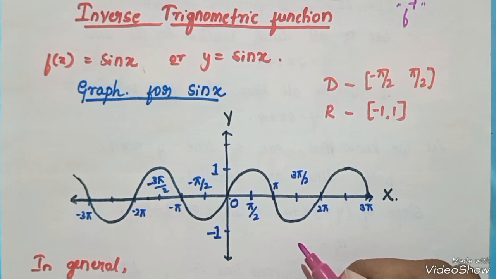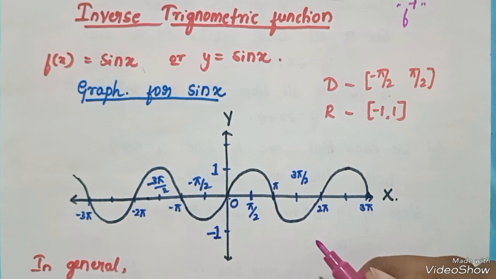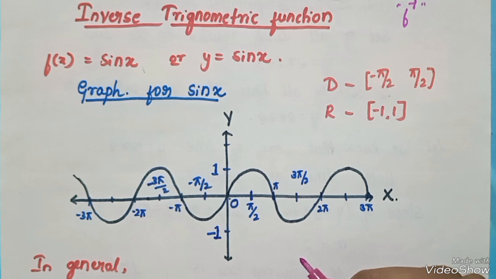We studied trigonometric functions in our earlier class, but these are not one-one and onto functions, so no inverse exists for them. All trigonometric functions are neither one-one nor onto over their natural domains and ranges.